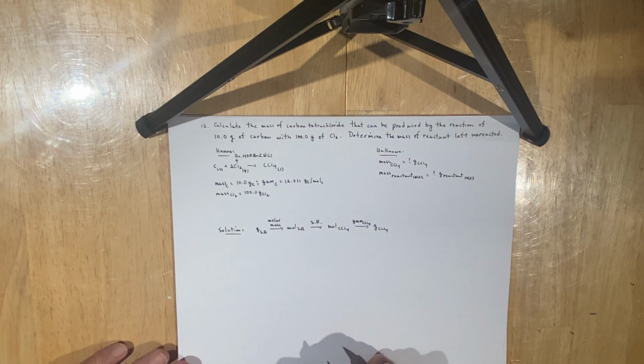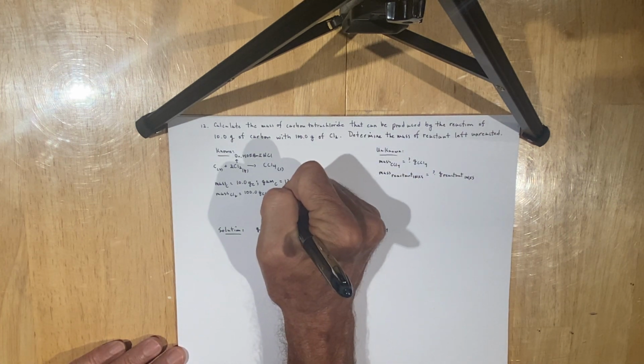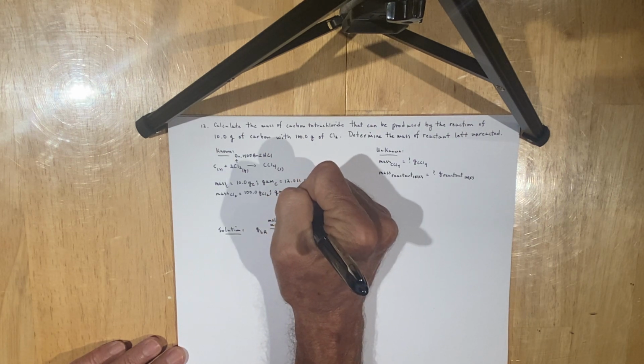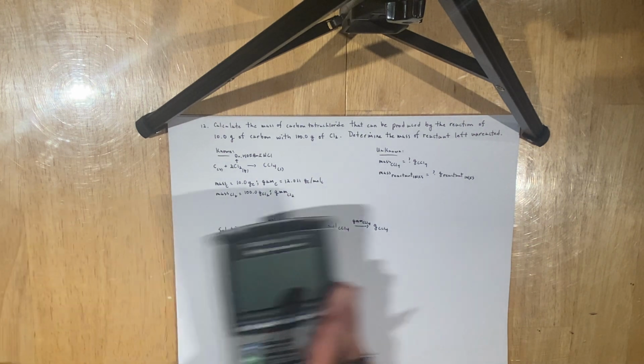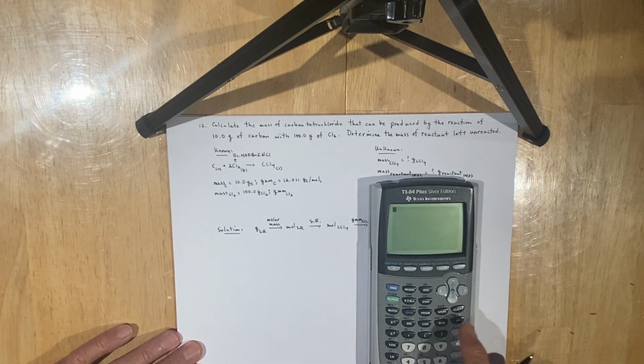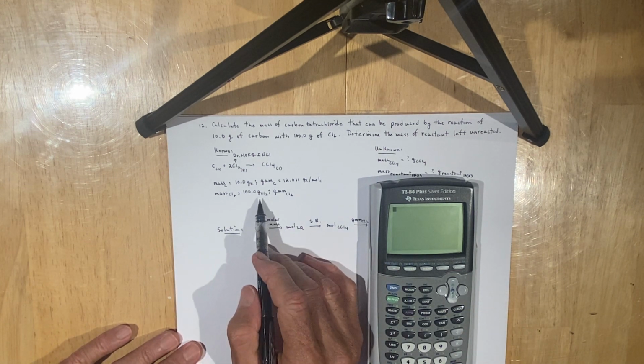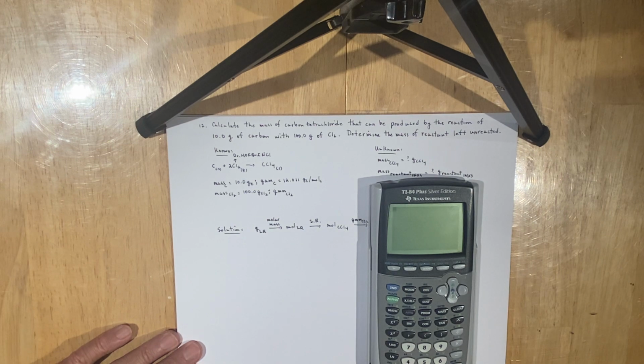And that being said, we also need to calculate the gram molecular mass of chlorine. To do that, I'm going to use my trusty TI-84 calculator, because we know that each atom of chlorine has a mass of 35.453 grams times 2 of those. 35.453 times 2 gives us a value of 70.906.